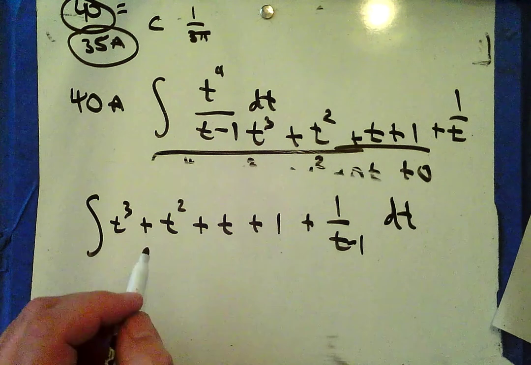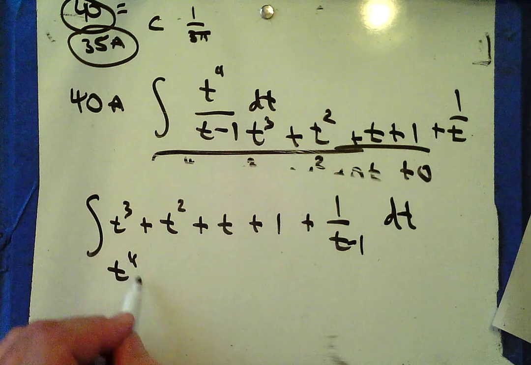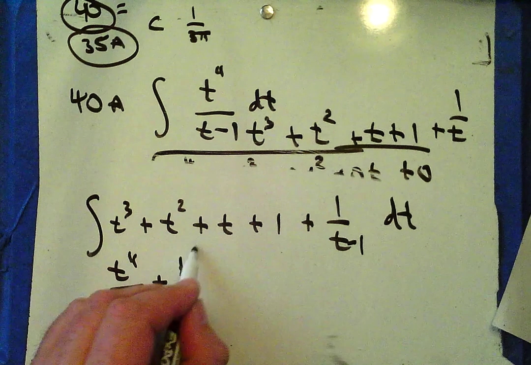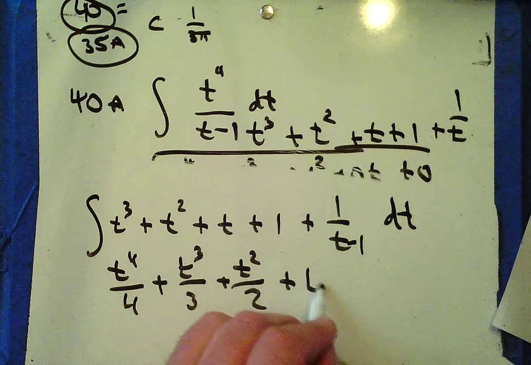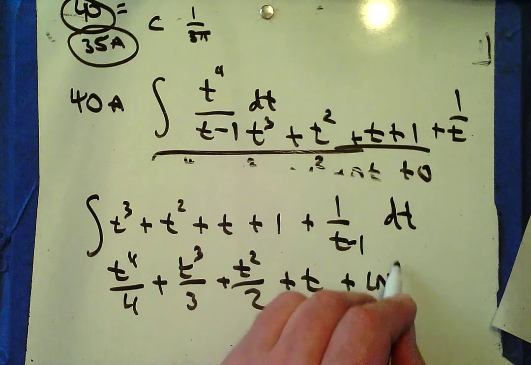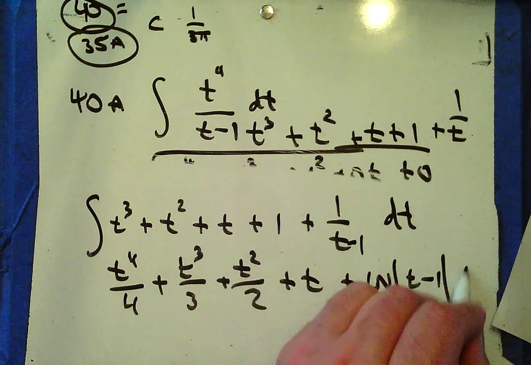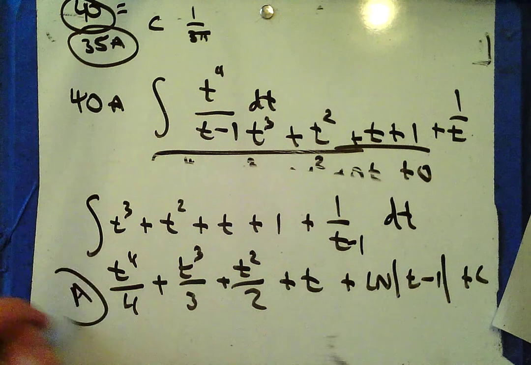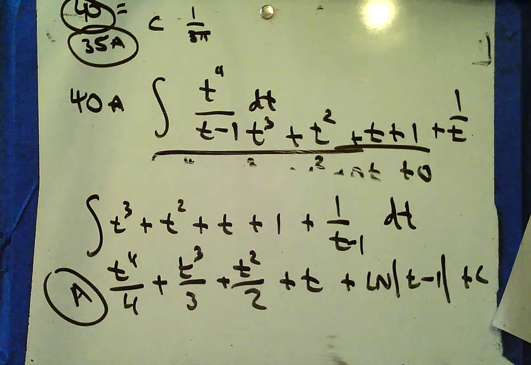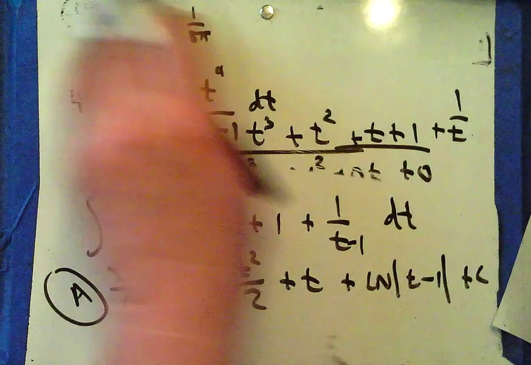Okay, antiderivative then would be t to the fourth over 4 plus t to the third over 3 plus t squared over 2 plus t plus the ln of t minus 1, and don't forget the plus c. And that looks an awful lot like choice A. Choice A for number 40A.